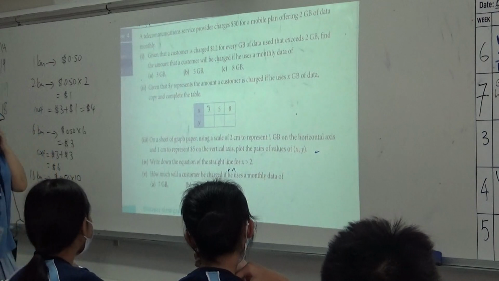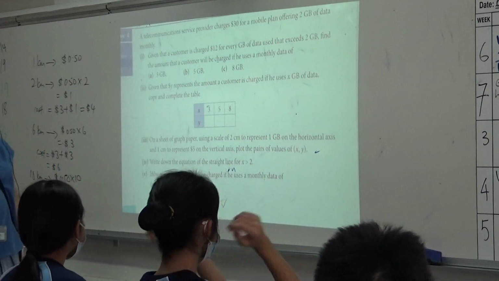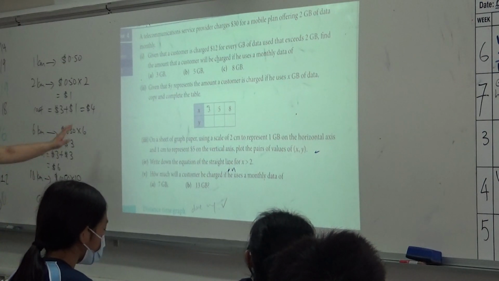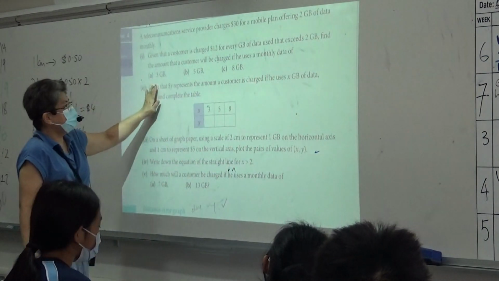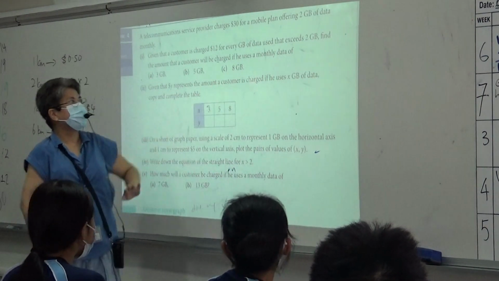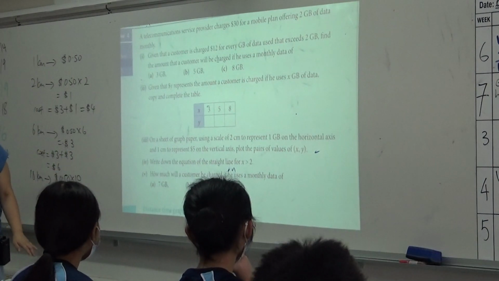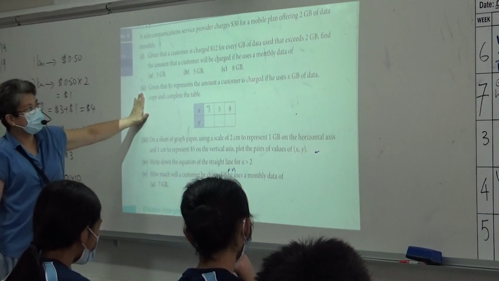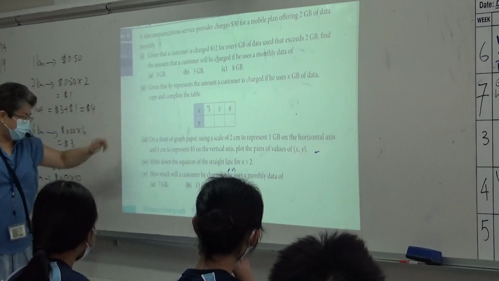Given that the customer is charged $12 for every gigabyte of data used that exceeds 2 gigabytes, find the amount that the customer will be charged if he uses 3, 5, or 8 gigabytes. Understand what I'm talking about here? Yes or no? Okay. Now, given that Y represents the amount a customer is charged if he uses X gigabytes of data, copy and complete the table.